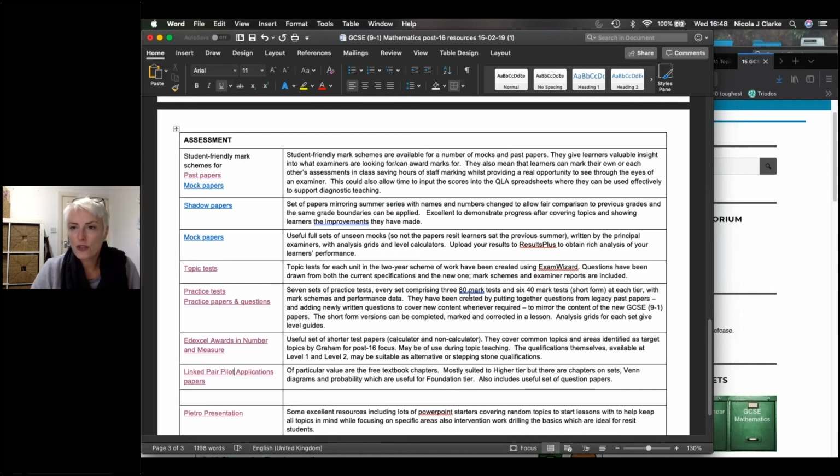Percentage conversions are also highlighted for post 16. We can start making them much more automatic. They know they're going to get asked one each time they walk into the room, and the repeated inquiries will help them retrieve that information much quicker.